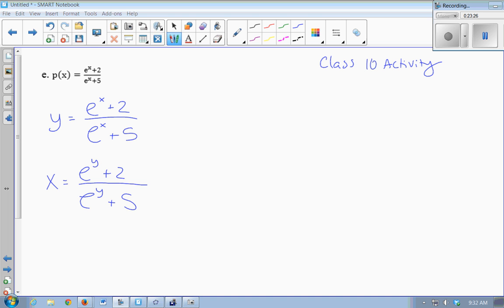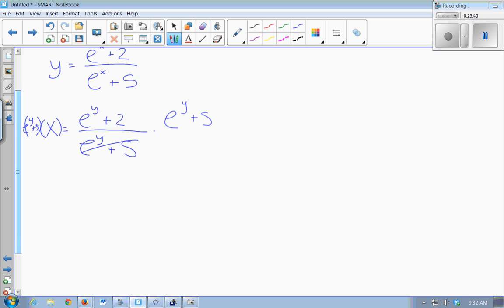And then I want to solve this thing for y. I have to try to get y by itself. So I'm going to multiply both sides by e to the y plus 5. So over here they cancel. And over here I have x e to the y plus 5x equals e to the y plus 2.